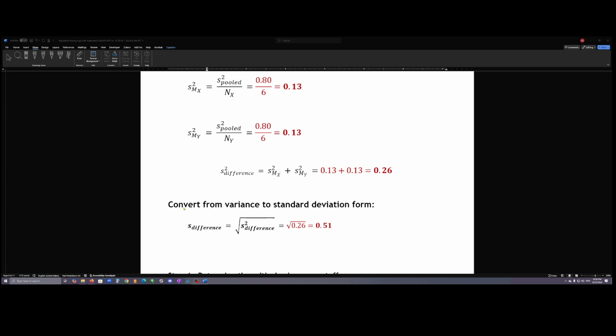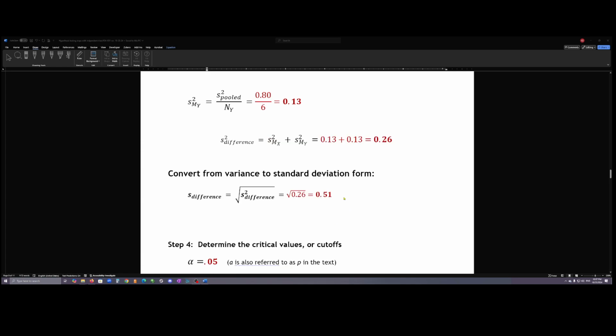So again, just putting it in terms of what we've done before, when we have the variance, in order to get the standard deviation, we take the square root. Here we have a squared value, and we have to take the square root in order to get that variability estimate of the comparison distribution.